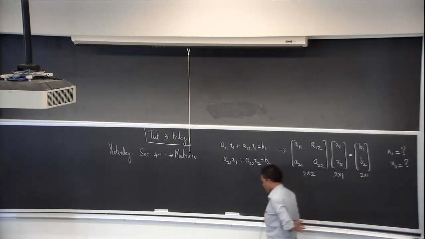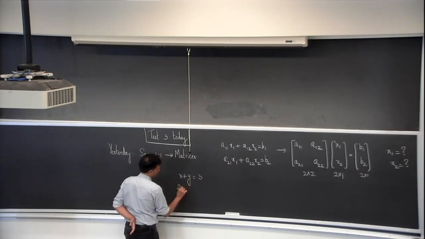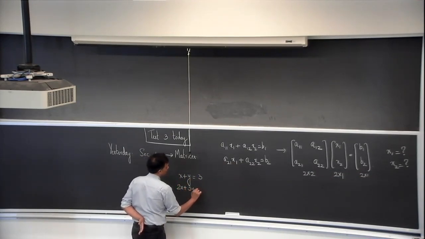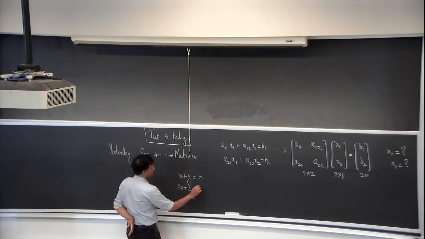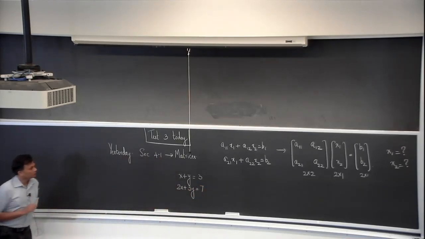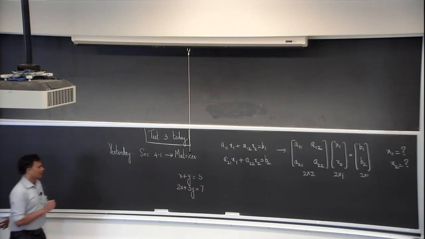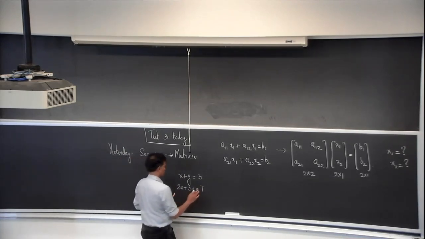But all of you probably have done this or seen this. So if you have 2 equations, x plus y equal to 3 and 2x plus 3y equal to 7, I think I am thinking about the right numbers, hopefully. I think x equal to 1, y equal to 2 is a solution, I hope. No, 8.